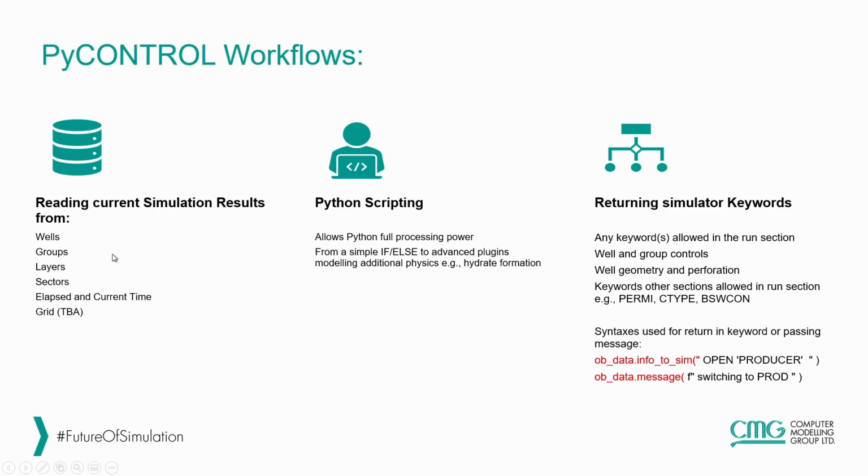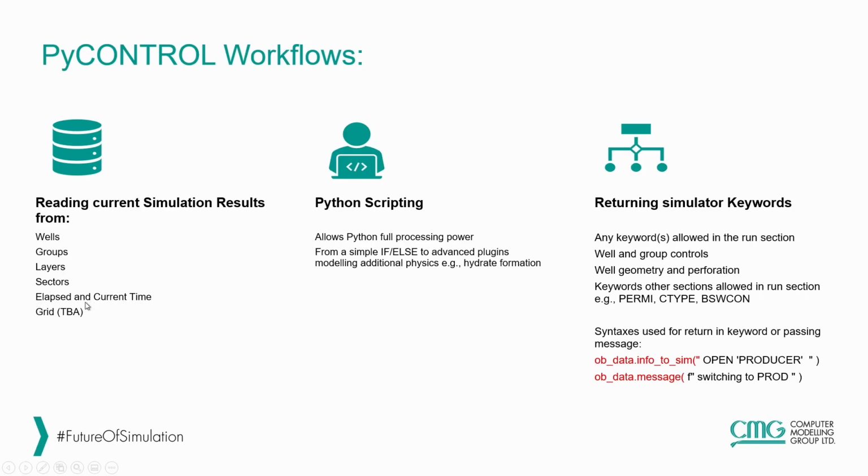In terms of workflows, let's have a look at the list of the current information results. Here on the left-hand side, I've listed those sources. As you expected: well groups, layers, sectors, and current and elapsed simulation times.